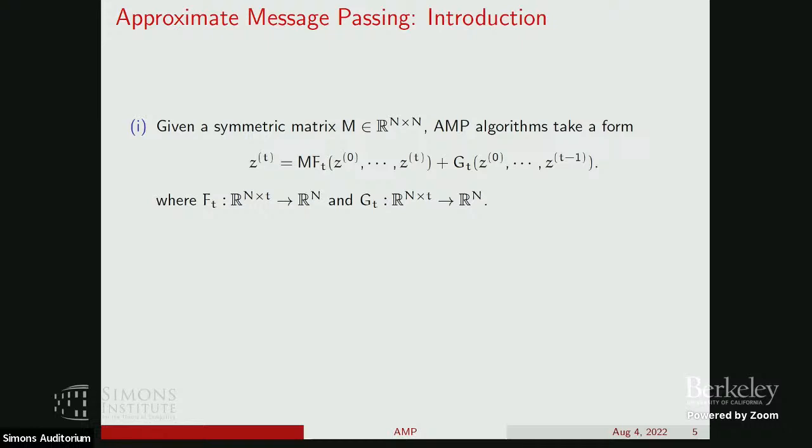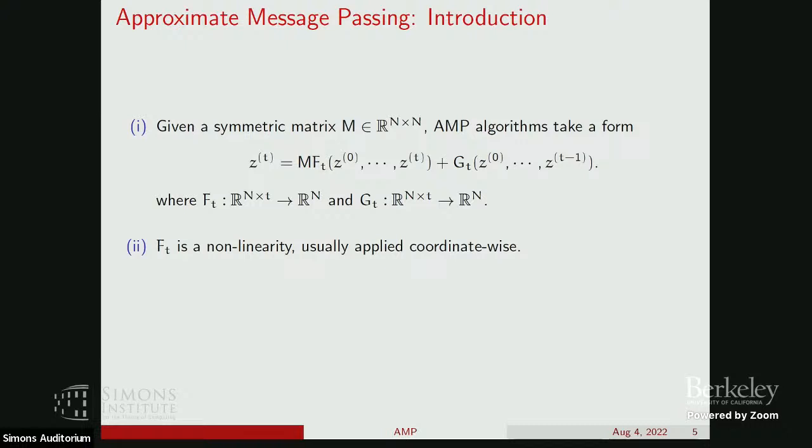You get some n-length vector, multiply it with the matrix M, and then apply a correction. Ahmed already explained what this correction is and its role. This correction is essentially what gives AMP its very characteristic nature in the class of all such matrix-vector product style algorithms.